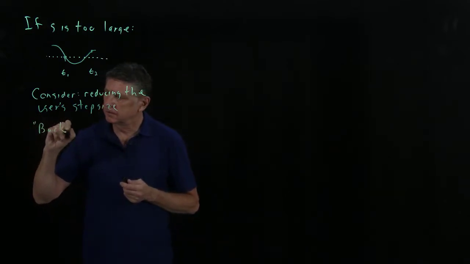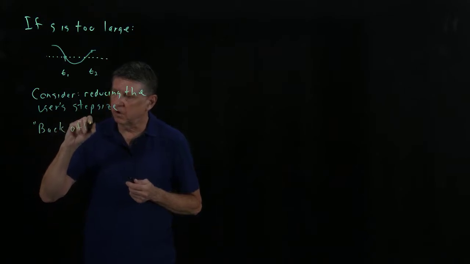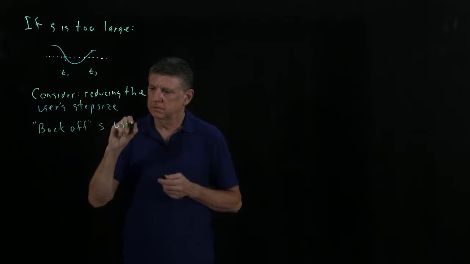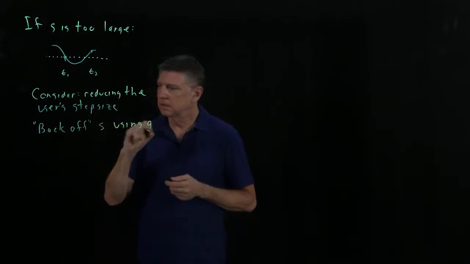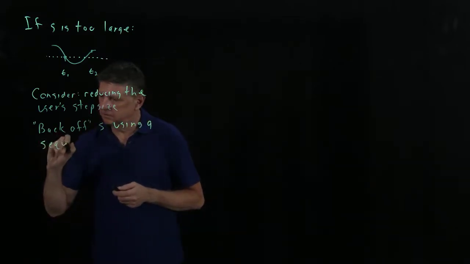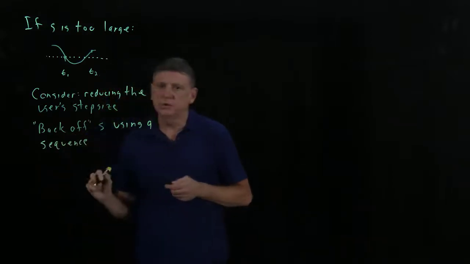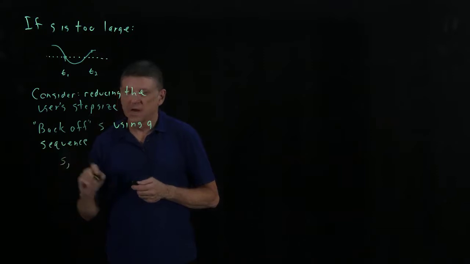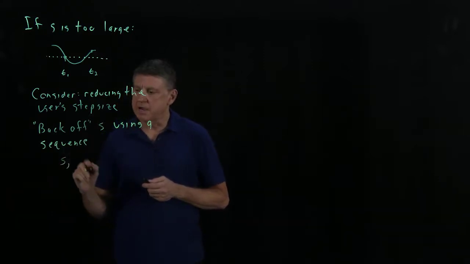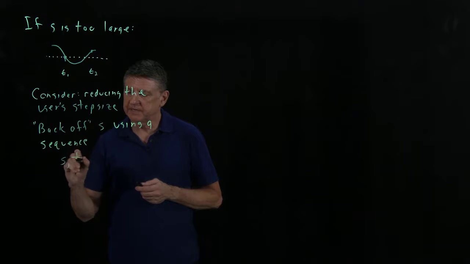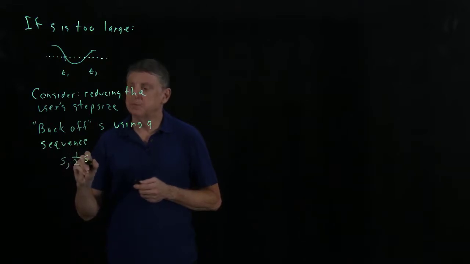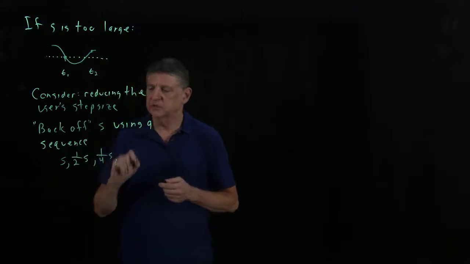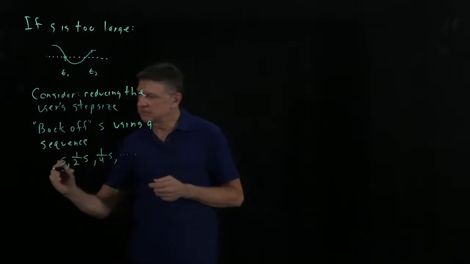Let's back off S using a sequence. So what we could try is S, and then, for example, taking half a step and 1/4 of a step and so on.